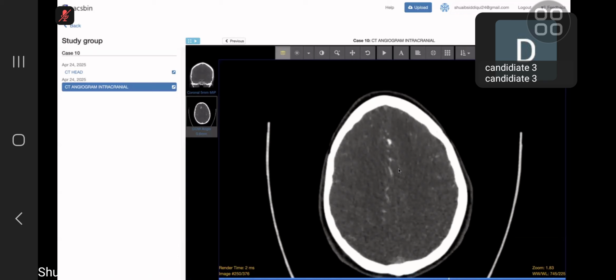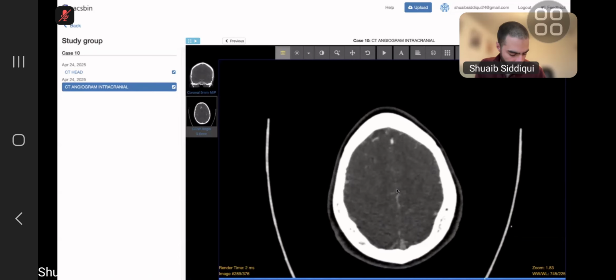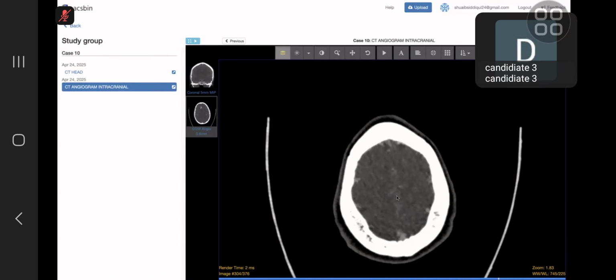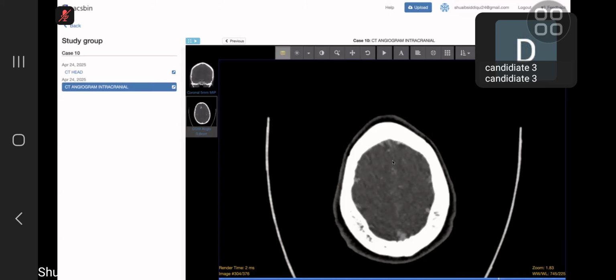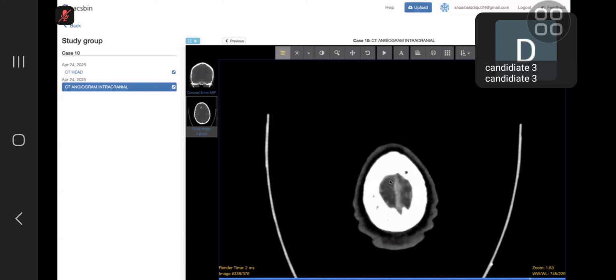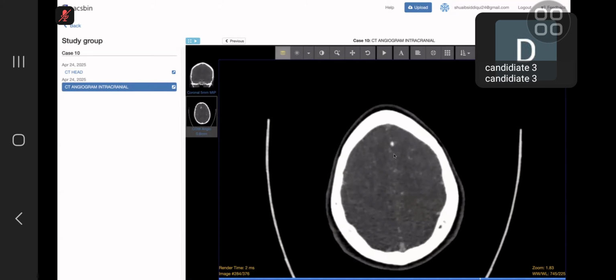So what does that suggest to you? I will refer this patient to interventional radiology to make fixation for this AVM. Okay, that's fine.